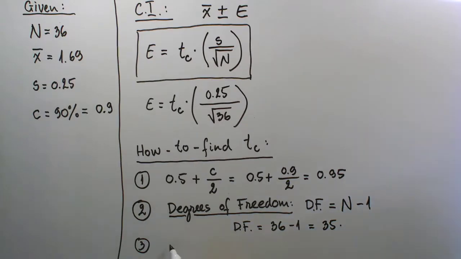The t sub c value is found by simply running a command on your standard calculator. I stick with the TI-83/84 calculator, but know that there are other calculators that do the same work as well. So now let me give a snapshot of how we can find this t sub c value on the TI calculator.